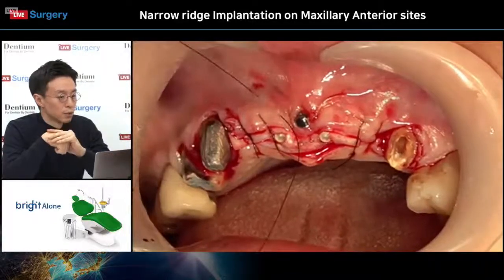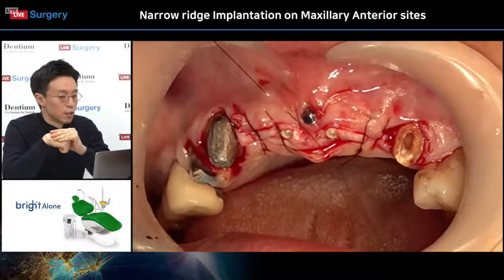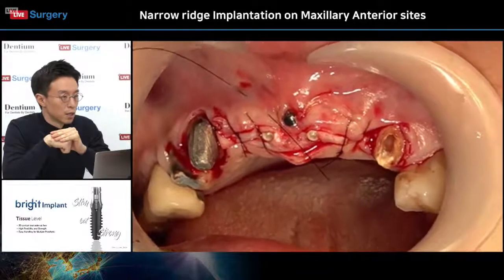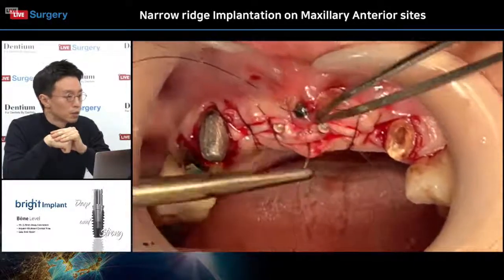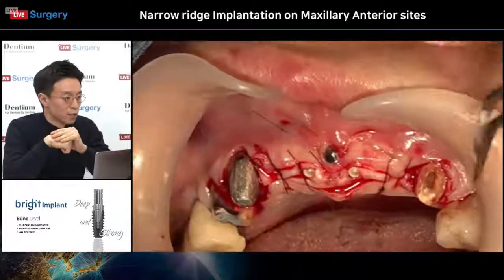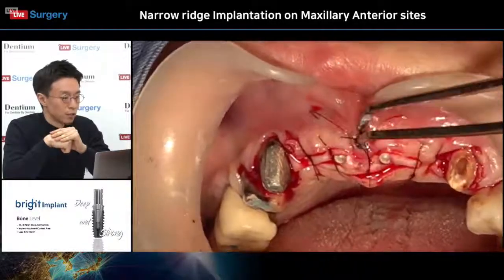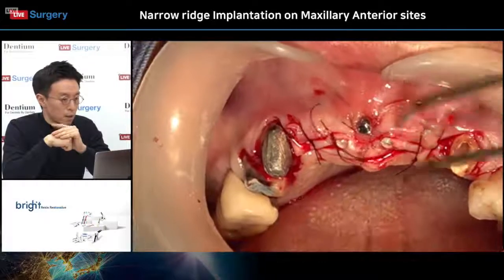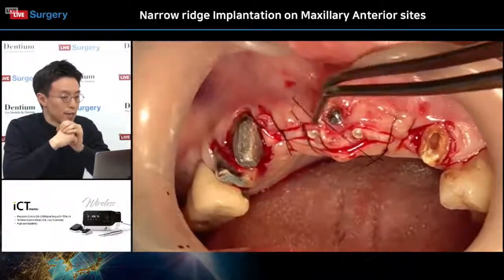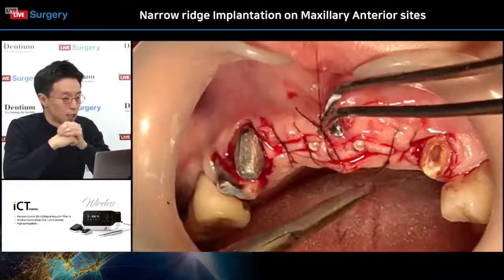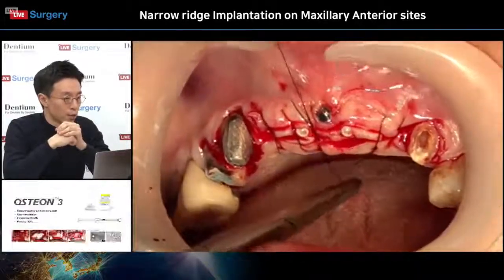There are two options to cover an insufficient soft tissue site. You can increase the amount of soft tissue by using a releasing incision or collagraft of Dentium.